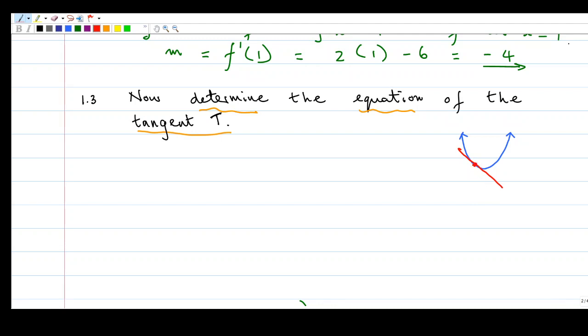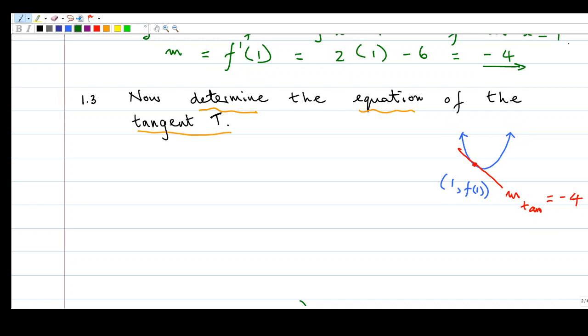Right, so the gradient of the tangent is negative 4 from above. This point, the point of contact, it's 1, f of 1, since it lies on the original curve.